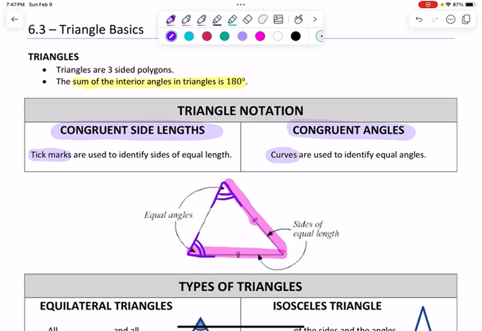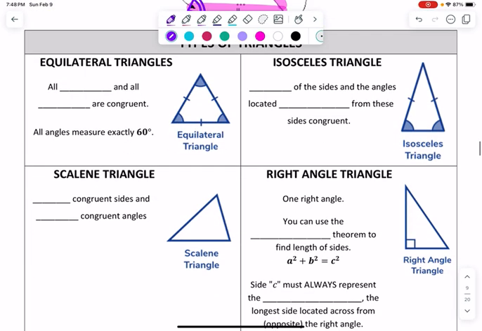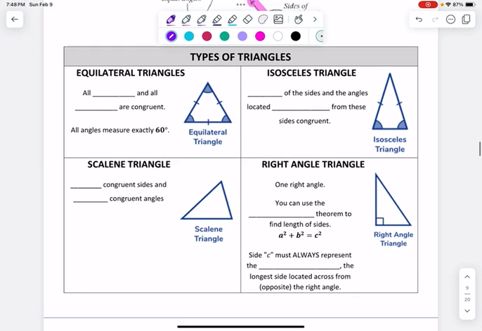All right, so we are going to jump into talking about specific types of triangles. There's four of them that we're going to talk about. The first one is equilateral triangles. Now, for some of you, you might have heard the word lateral before, particularly if you've ever done a workout in the gym. Lateral means side.